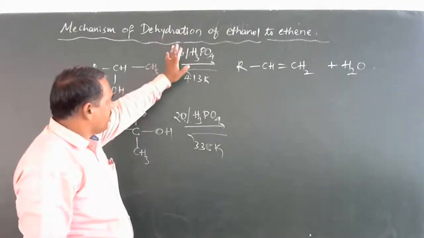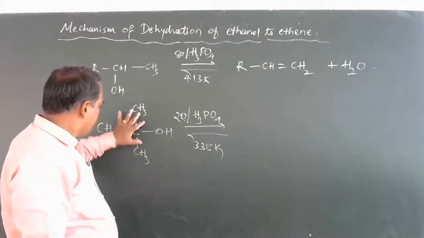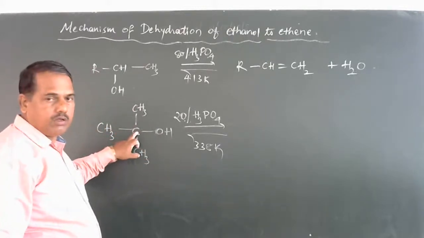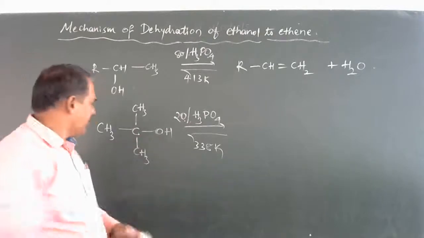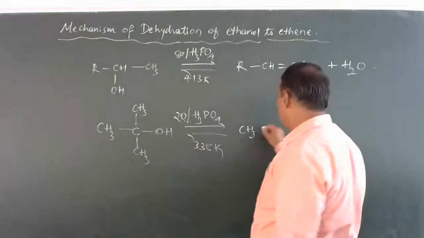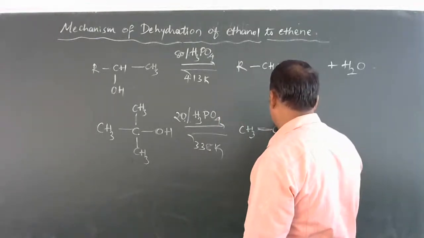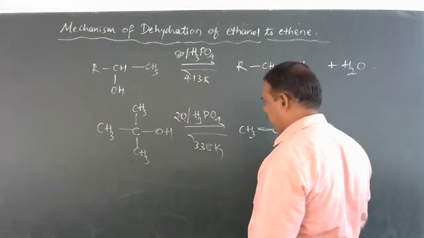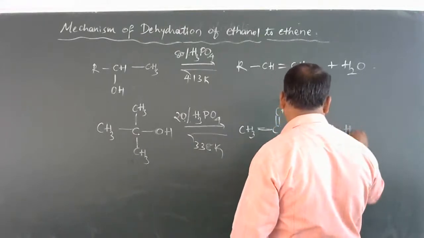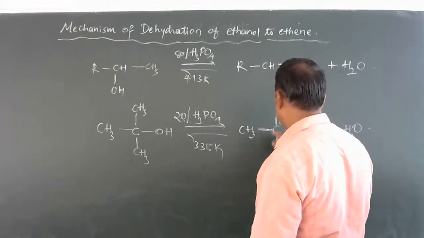When the condition becomes less drastic, as more alkyl groups are there on the carbon atom, we can easily eliminate hydrogen. So we will get CH3, again double bond CH2, and again here CH3 plus H2O. Are you clear? This is the double bond.